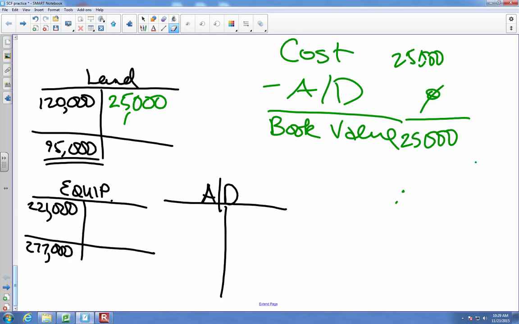And then the AD started at 42 and ended up at 51. So I'm just pulling these numbers off of my balance sheet, right?